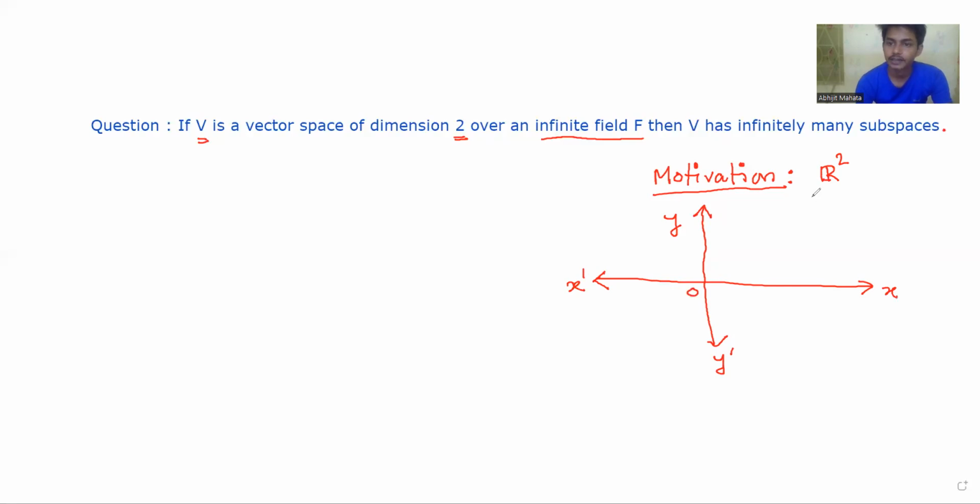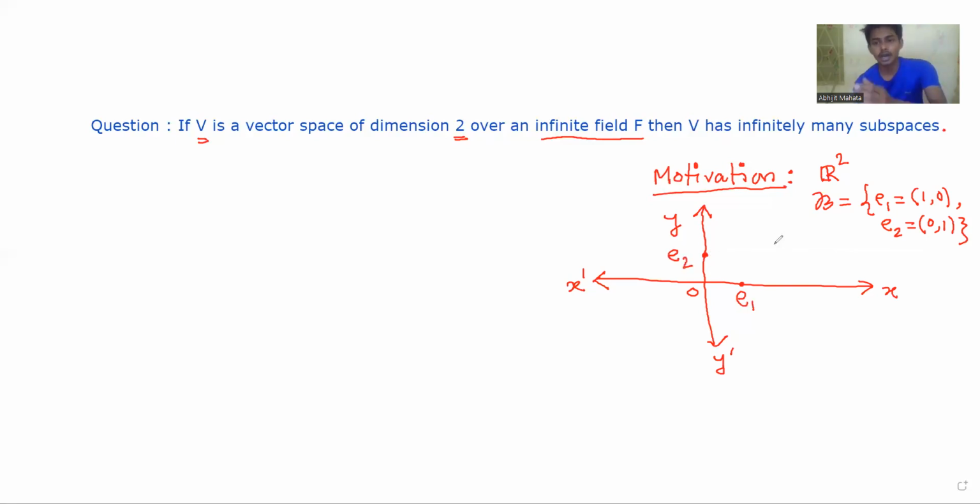Here we are taking the standard basis, beta equals E1, which is nothing but (1, 0), and E2, which is nothing but (0, 1). So this is the standard basis for R2, and here you can say this is E1 and this is E2.